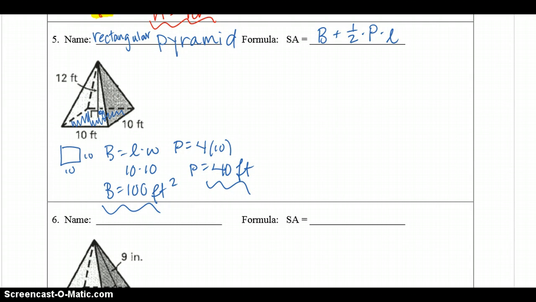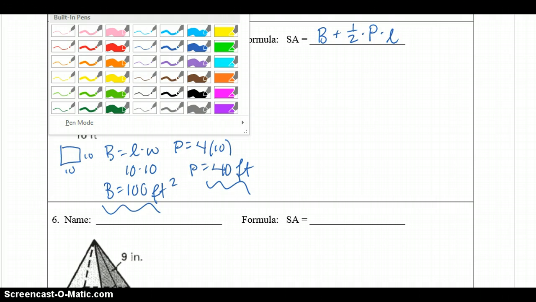And last, we need L, which is the slant height of our pyramid. Is the slant height given to us here? No, it is not. However, we are given the regular height. So if we draw the slant height on here, let's pick a better color.